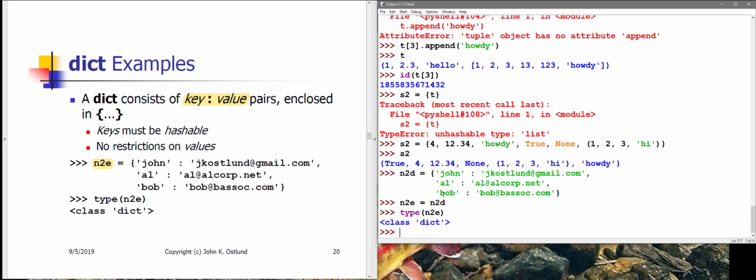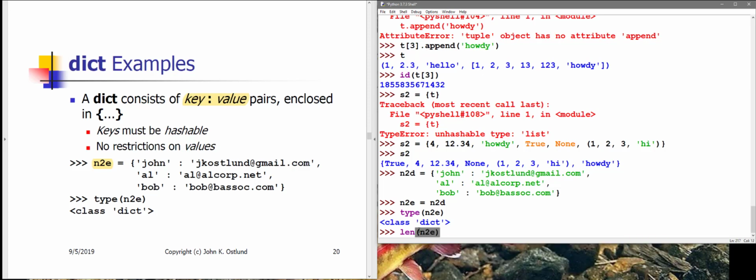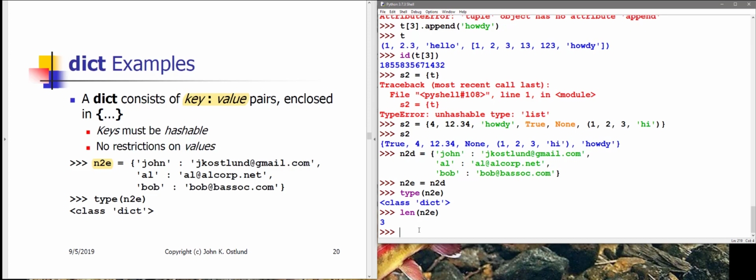And then the key Bob, associated with Bob's email address, bob@bassociates.com. All right, so the length of N to E is 3. And this dictionary happens to have strings as both keys and values. But that isn't required. That's just true in this example.